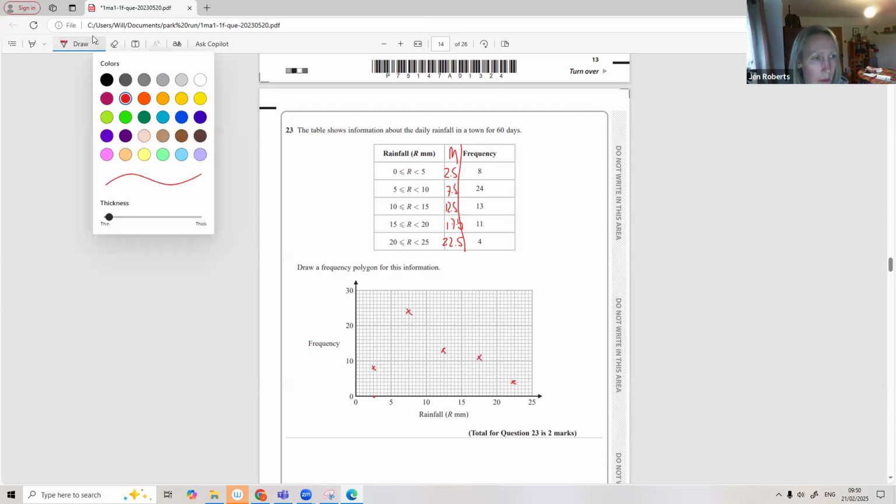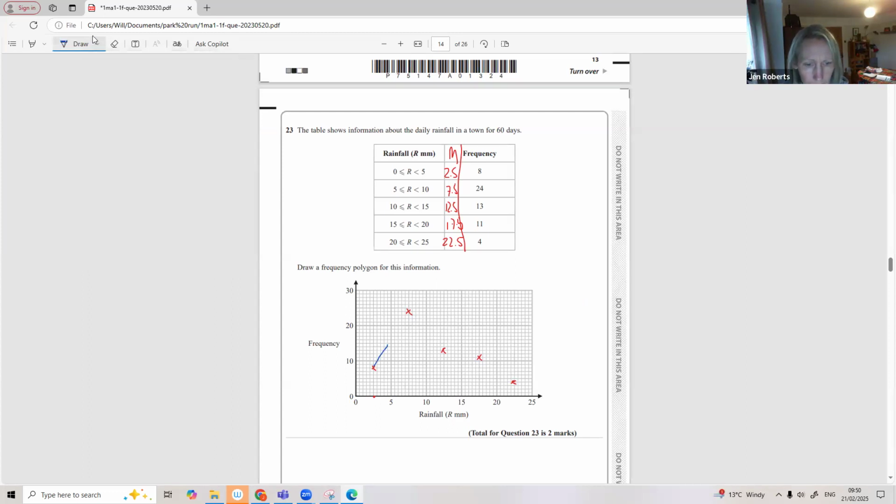And then with a ruler, again, I do not have a ruler, I'm going to just join these up. And that's our frequency polygon drawn correctly.